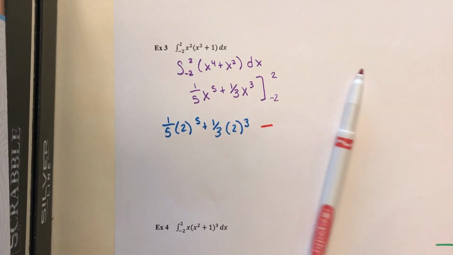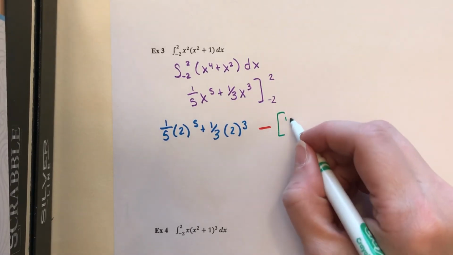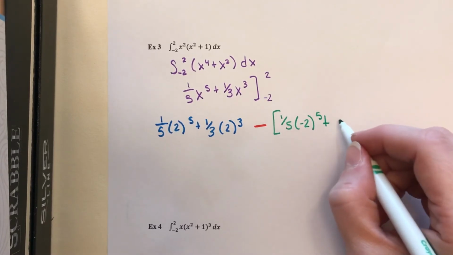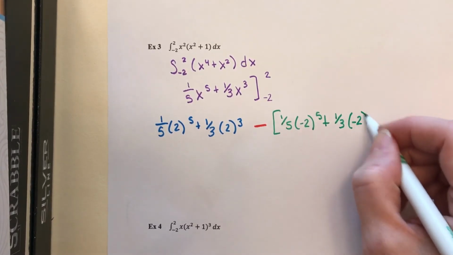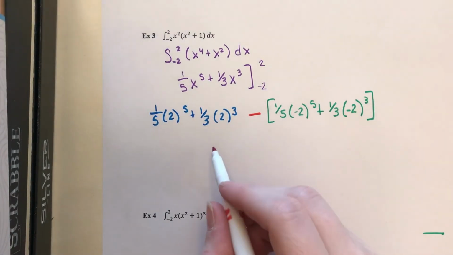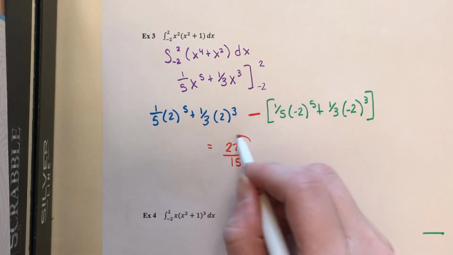Minus, then I'm going to plug in the -2. So again, you might want to pause at this point and then you can check your work when you're ready. Okay, so for this one, you should get 272 over 15.